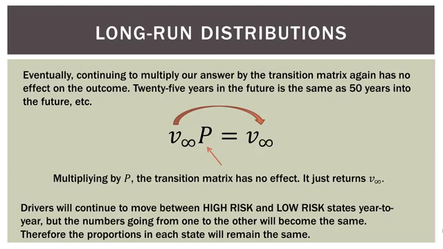So if you think about this, if I have two groups of people, group A has 75 people, group B has 25 people, if one person leaves A and goes to B, and one person leaves B and goes to A, well, the proportion's still the same. It's still 75-25. And that's kind of what happens into the future with these long-run probabilities.